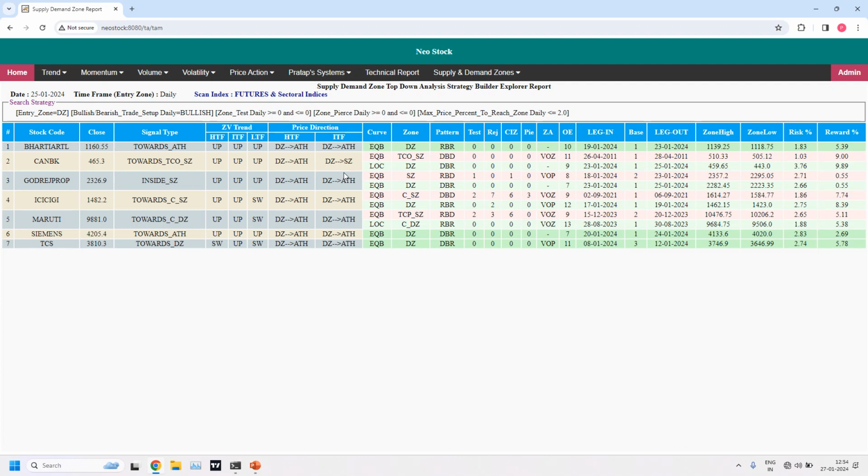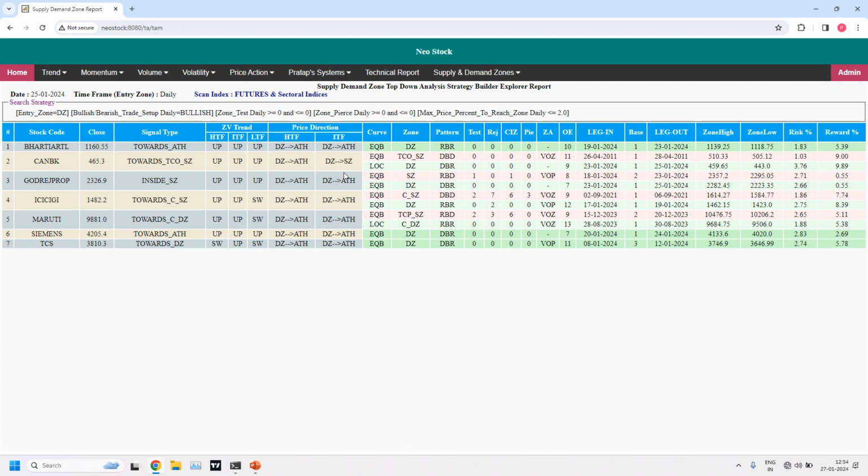Once prices enter the weekly, what happens? Price direction will change to demand zone to supply zone or demand zone to all-time high. That means our demand zone is not outside the weekly demand zone. It is inside the weekly demand zone or overlapped with it.